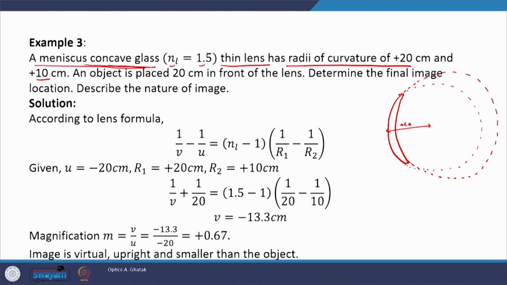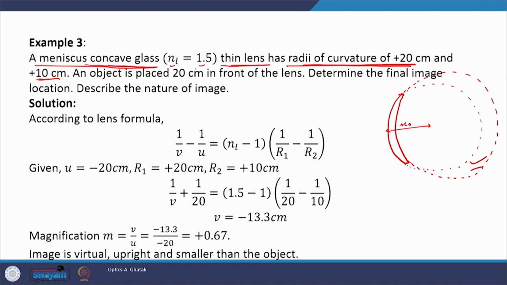Again, I will reread the statement. A meniscus concave glass thin lens has radii of curvature of plus 20 centimeter and plus 10 centimeter. It means the two spheres are on the right hand side of the lens, as depicted in this figure. One has radius of curvature of plus 20 centimeter, and the second refracting surface has the radius of curvature of plus 10 centimeter.